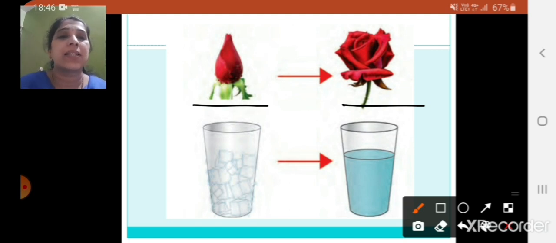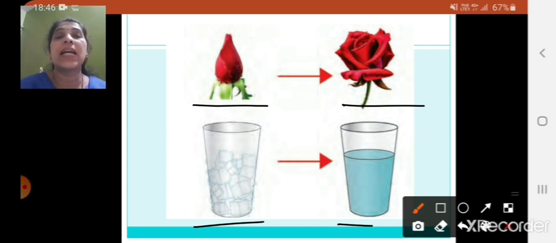Now the last example, let's see. This is the glass containing ice cubes, and this is after melting, the ice has converted into water, right? So again this is a type of physical change, because ice is just getting converted into water, right?